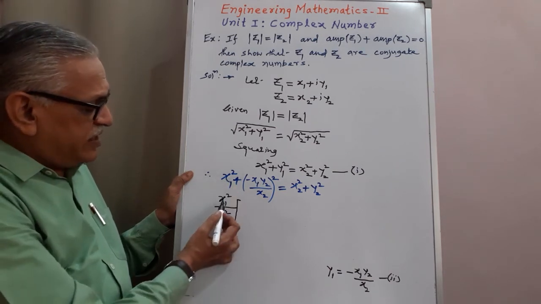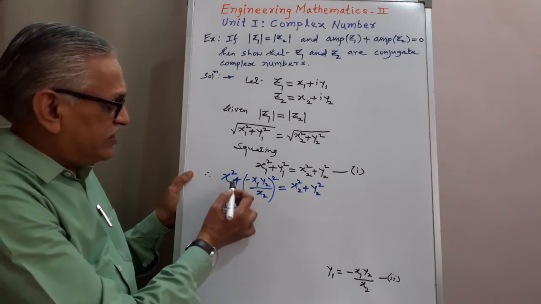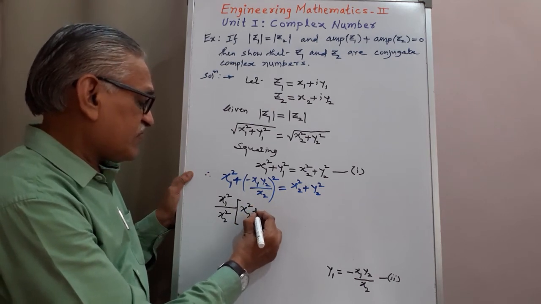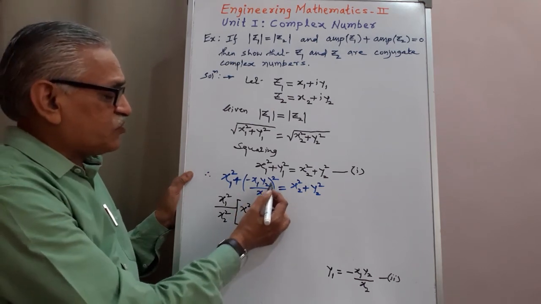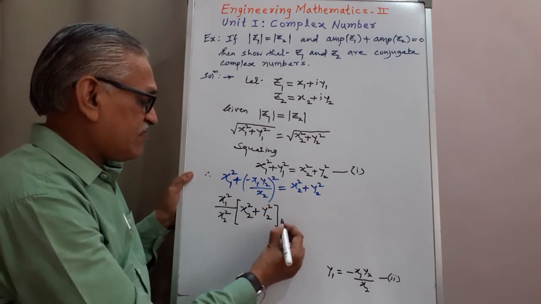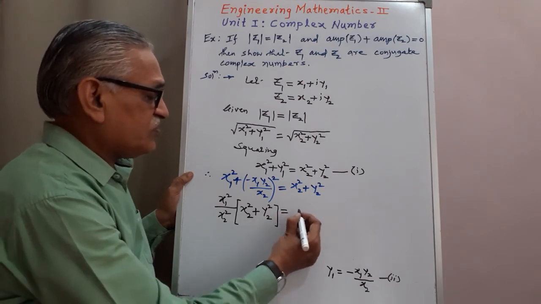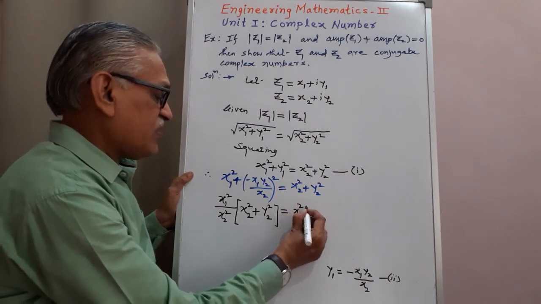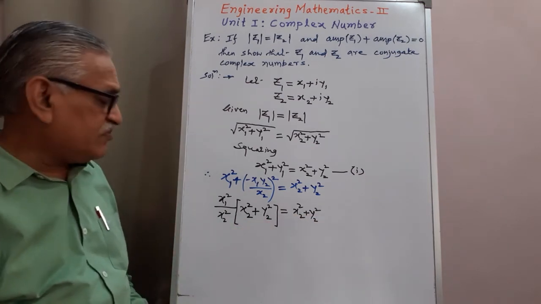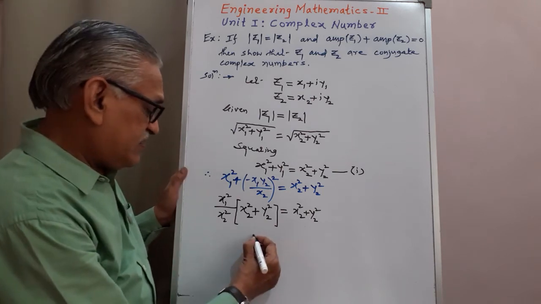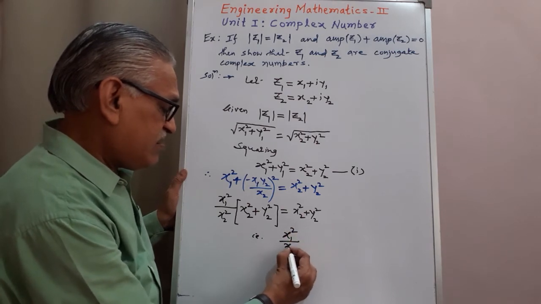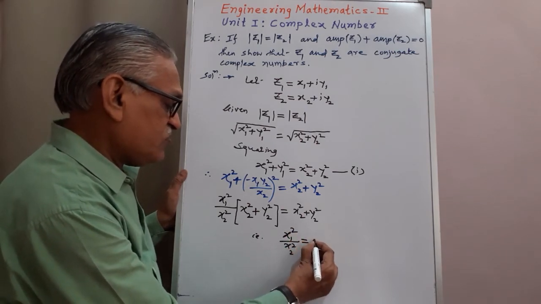If we are taking x1 by x2 square common, here it remains x2 square plus x1 by x2 square common, here remains y2 square, and that is equal to x2 square plus y2 square. These two terms get cancelled, and that is x1 square by x2 square is equal to 1.